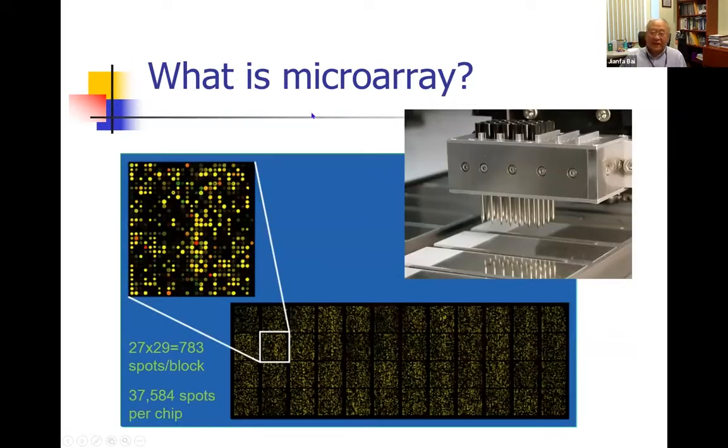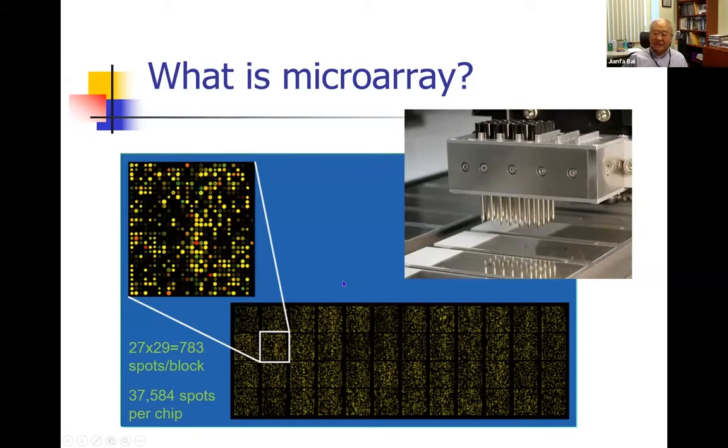Another technology called microarray was really hot like 20, 30 years ago. What it does is this glass slide, 1 by 3 inch, you can put up to 1 million little spots there. This particular one only has 37,000, but the technology can allow you to put 1 million spots or a little bit more.